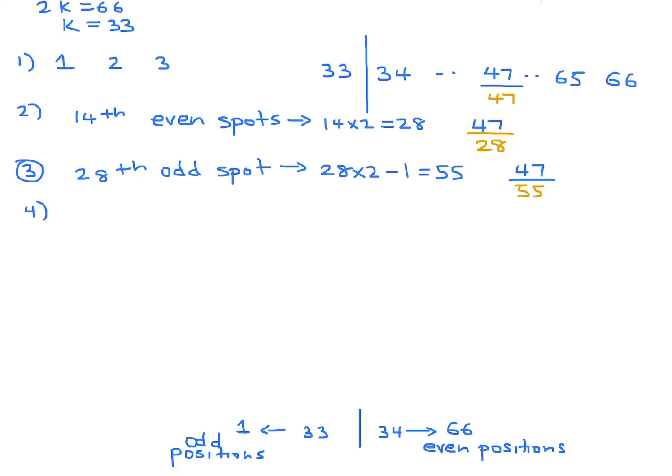When you do, it is the 22nd number. The 22nd number, and because it's on this side, it would go into an even slot. The 22nd even spot or slot, whatever you want to call it. Well, that's easy. That's 22 times 2, so that's number 44. The 44th spot is where the 47 now lies.